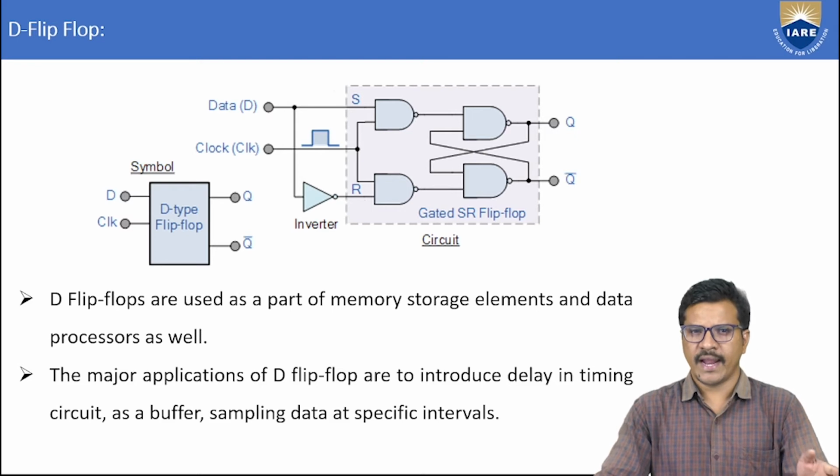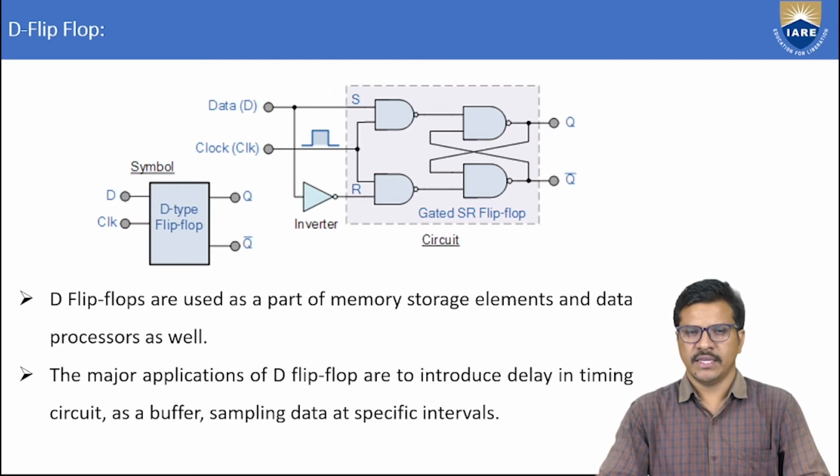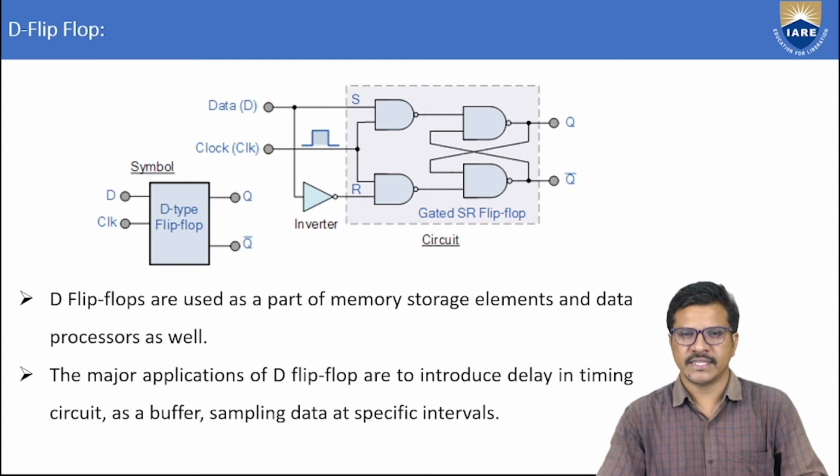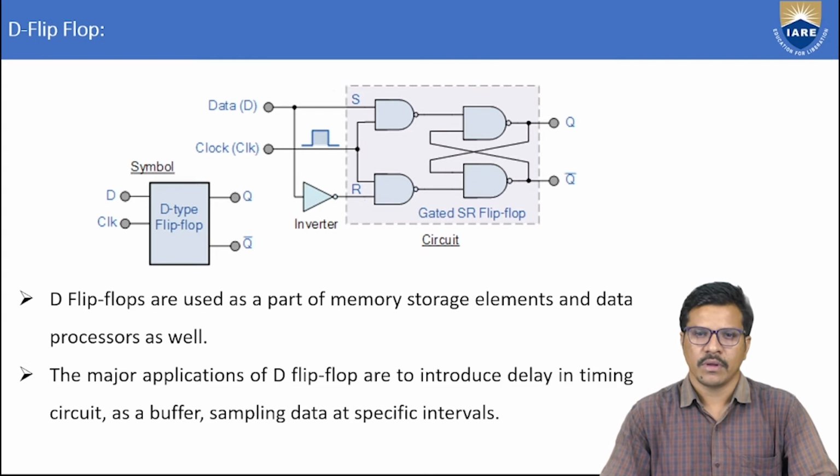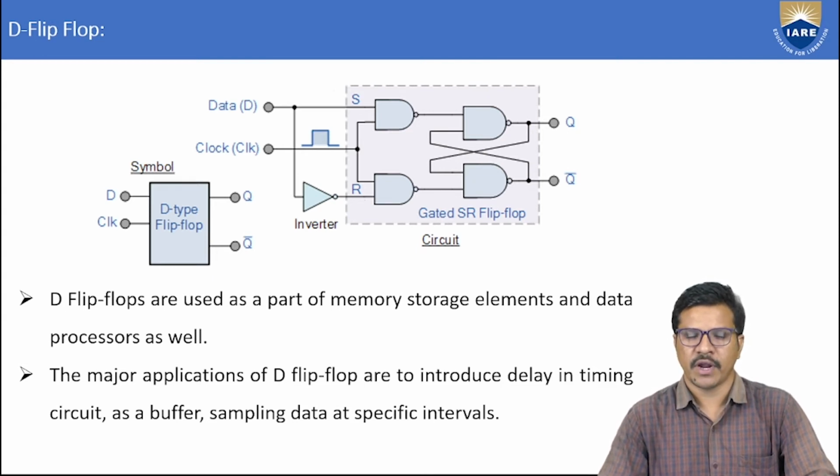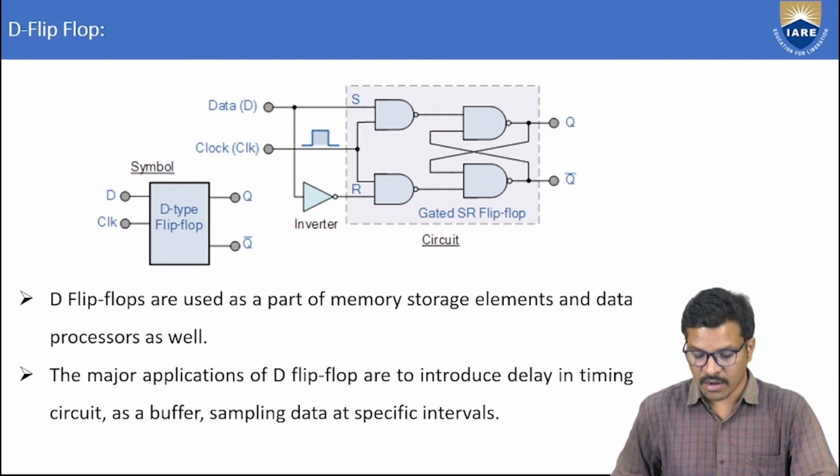If you want a delay of 5 seconds, and each D flip-flop produces 1 second, then you can provide 5 D flip-flops in series, and you will get 5 times the delay. So it can be used as a delay in timing and as a buffer. Whenever there are buffers in digital circuits, they are most of the time made from D flip-flops, and also for sampling data at specific intervals.